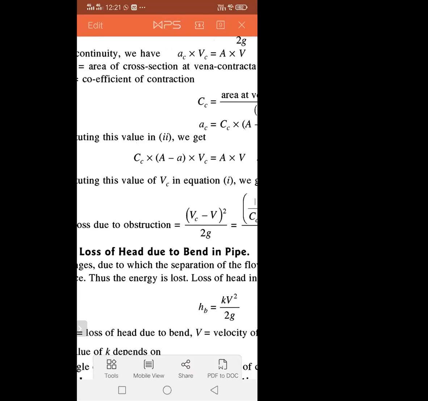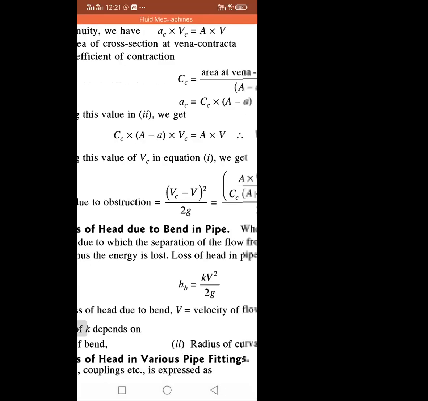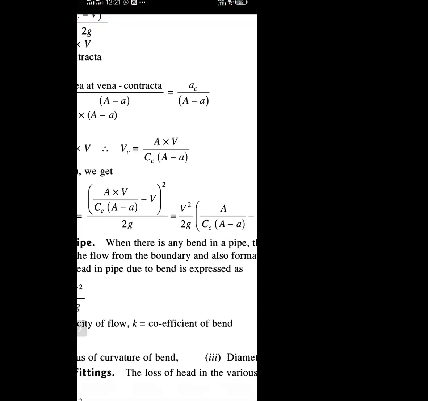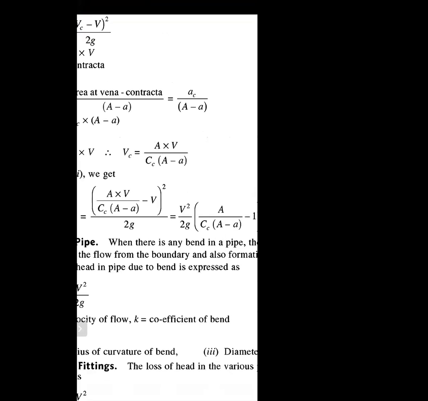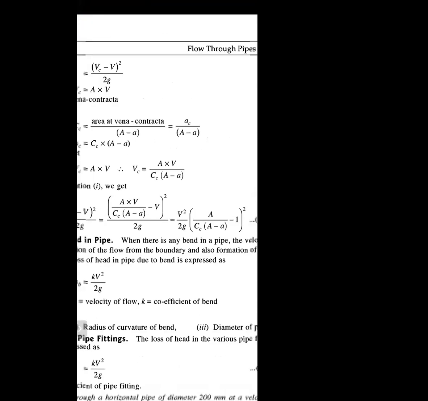Okay, coefficient of contraction. Then capital A is area of main pipe, small a is area of maximum obstruction, where V is the velocity of water flowing through that pipe. From this formula, you can calculate head loss due to an obstruction.